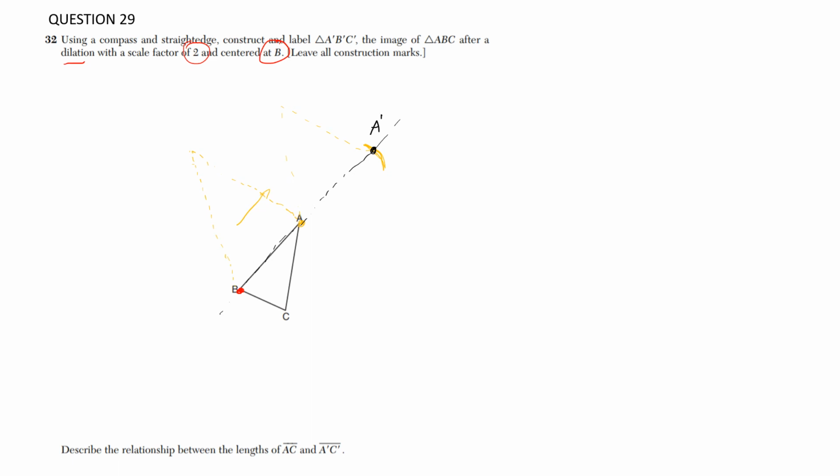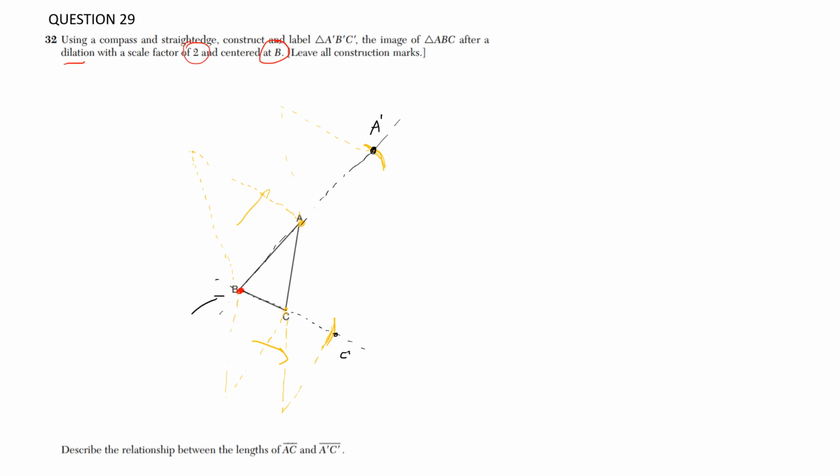We can do a similar exercise here with BC. If we take a compass, just to get that length measurement, BC, shift the compass over so that the needle is on C, and we draw a little arc. We take our straight edge and go through BC and just keep extending that line. Here's our next point, C prime.